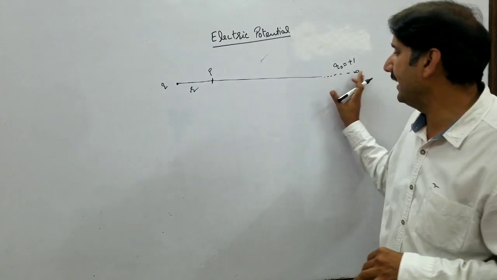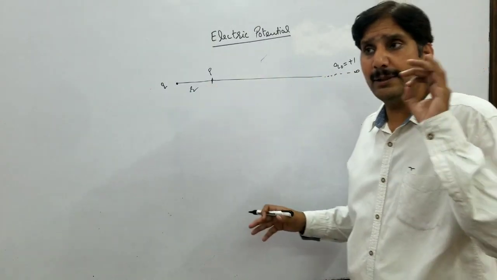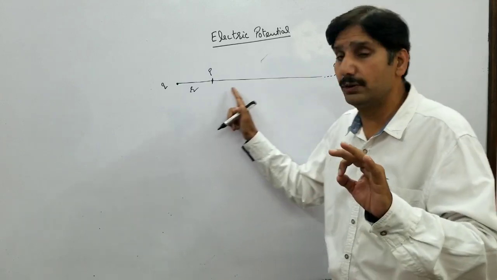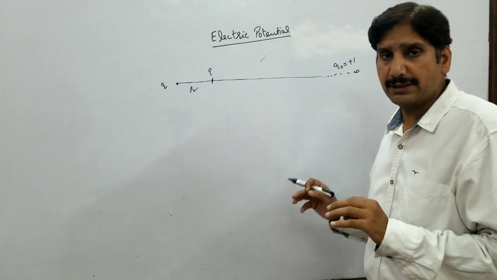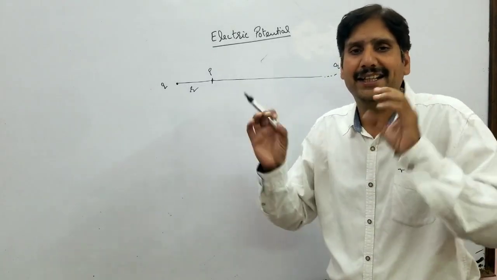Now, as you take this charge slowly towards this point P, I'm emphasizing again and again that it should be brought slowly towards point P, because we don't want this charge Q naught to get any kinetic energy.